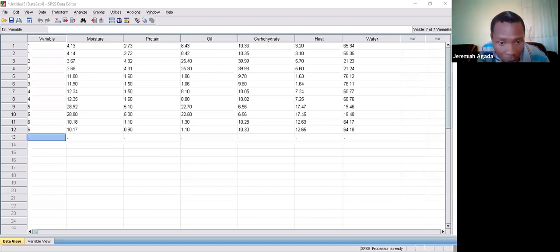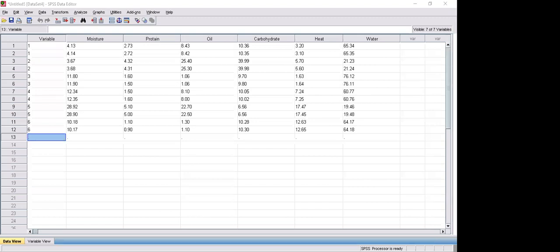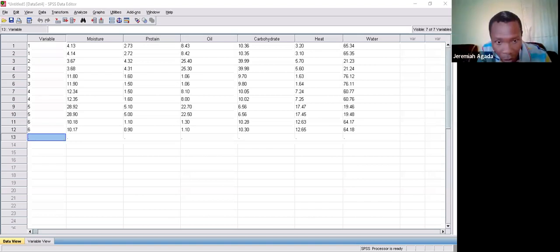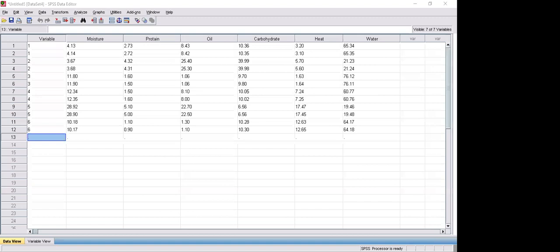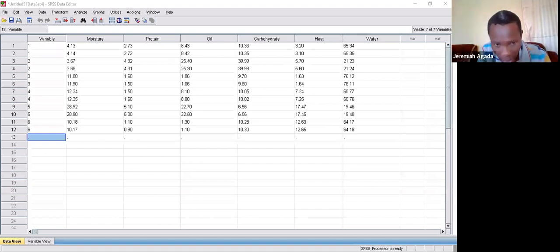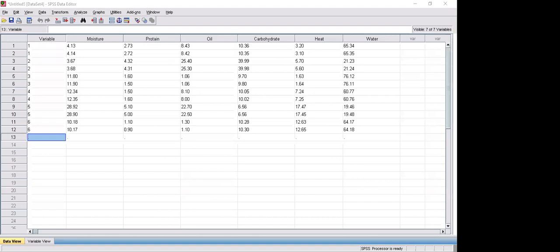Okay, I'm coming. Let me just move. Okay. Can we see everything? Moisture, protein, oil, carbohydrates, heat, water, yes. Then valid N listwise. If you can see, then that's water. Yes, it stops at water on my screen.